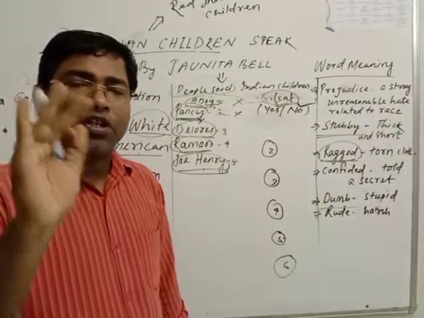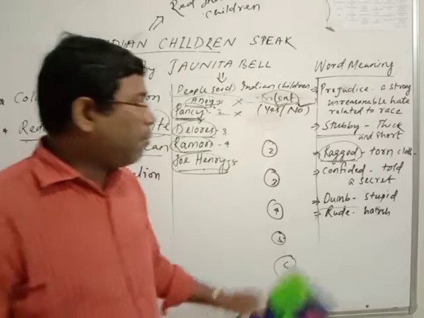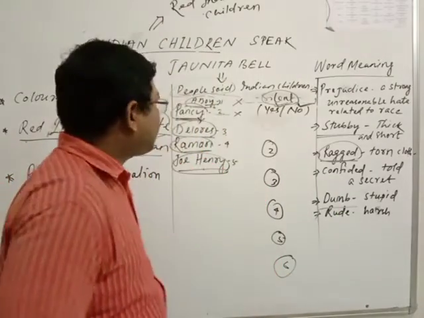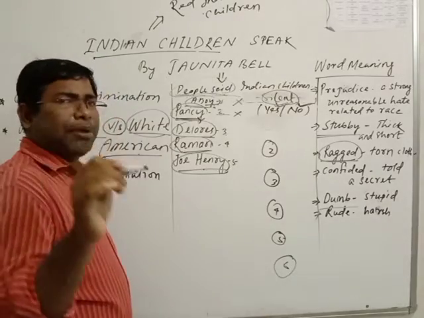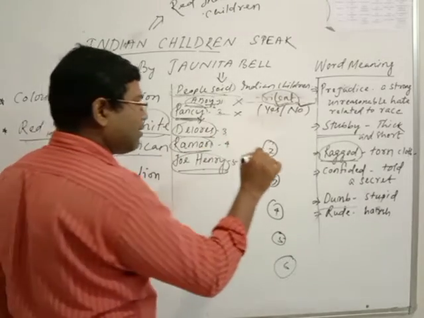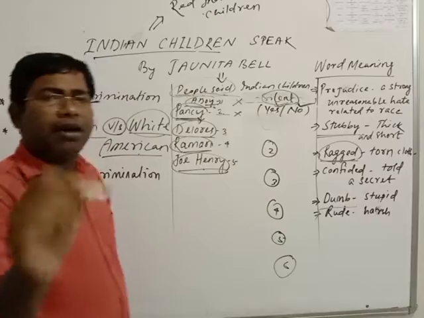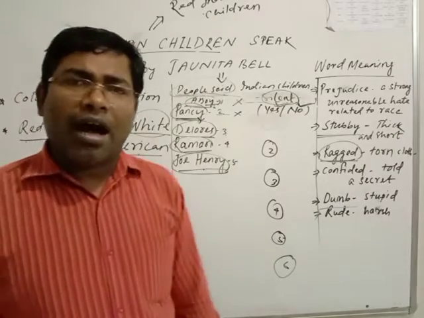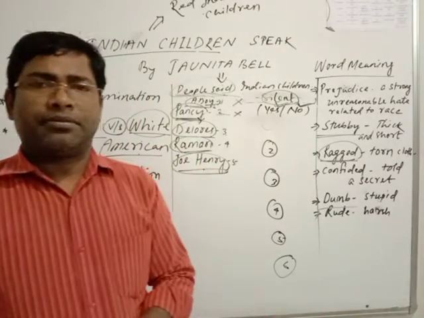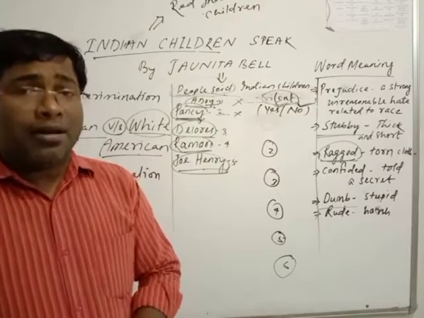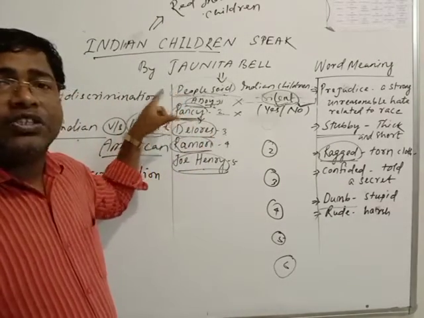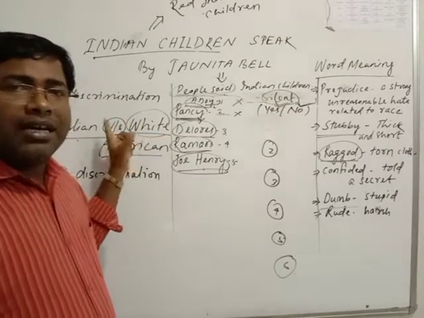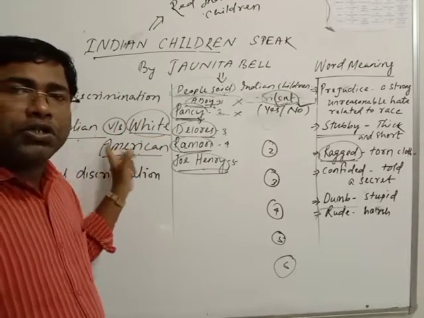So again, white American people say that Indian children are very dumb, very stupid. So who can prove that Indian children are not foolish, not stupid?